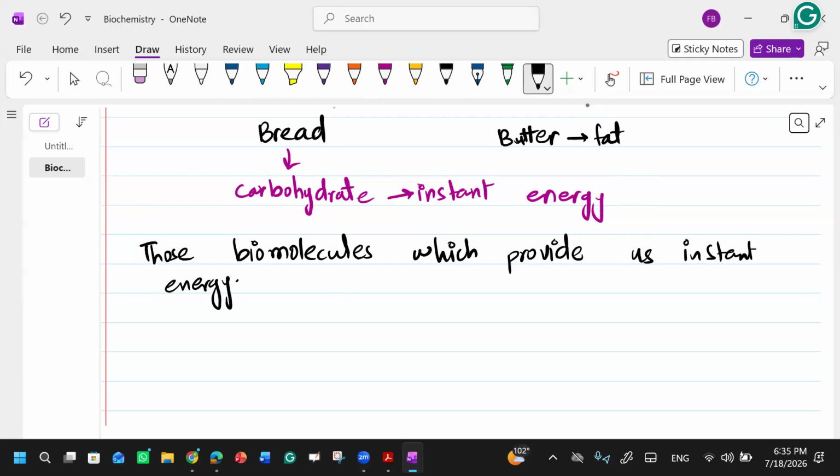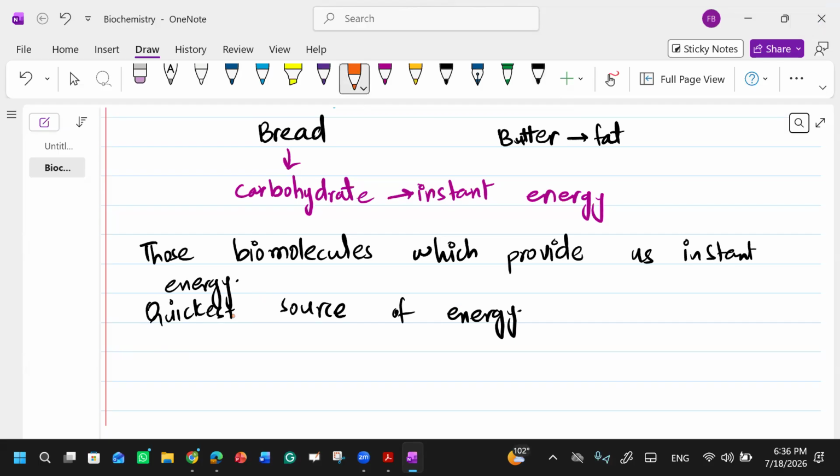Carbohydrates. Simply we can say these are the quickest source of energy, right? Clear? Okay.